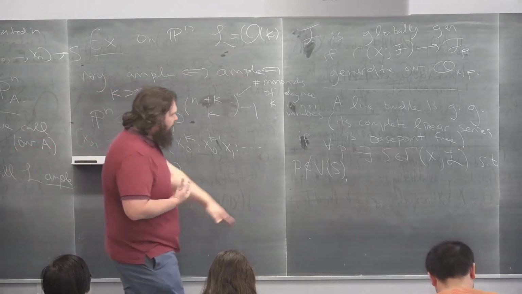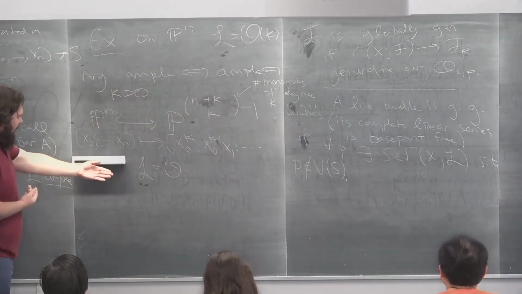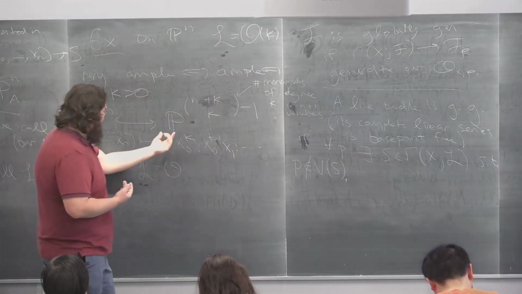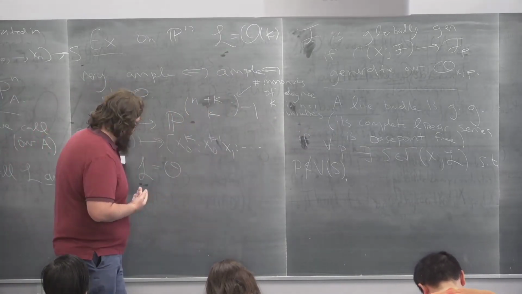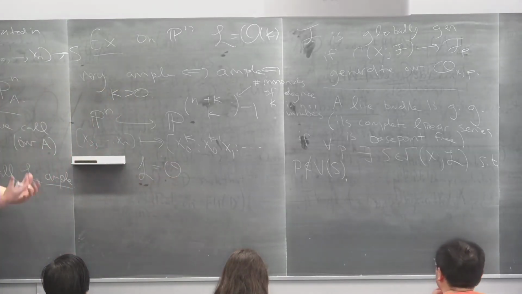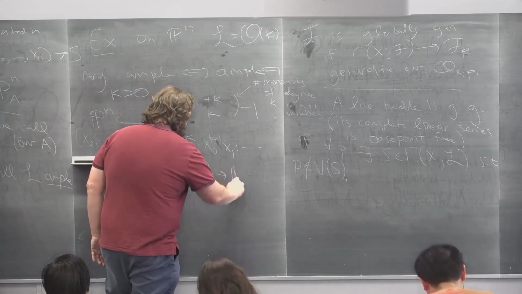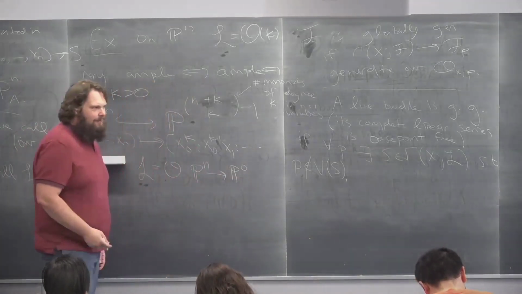What being base point free tells you is that you get a map to projective space. But in this case, I have a one-dimensional space of sections, so I can't take any ratios. So I get the map from Pn to P0, which is a point.